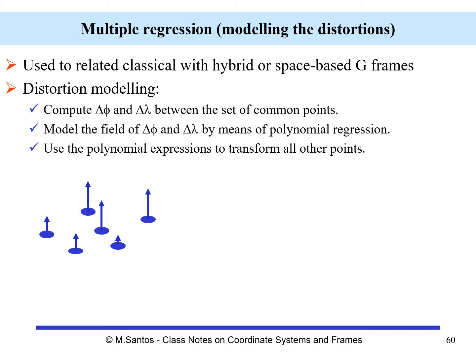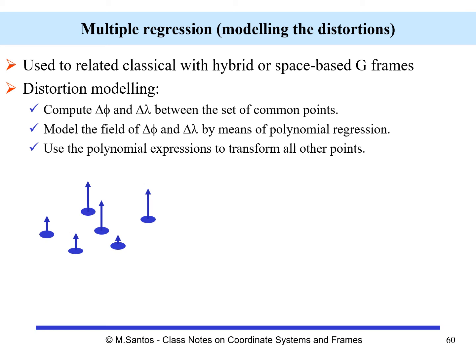Okay, so the first bullet is to compute delta phi and delta lambda between the set of common points. Delta phi and delta lambda are the differences in latitude and longitude between both frames. What we have here indicates the location of the points on this blue ellipse, and the arrows are the amount of delta phi and delta lambda.